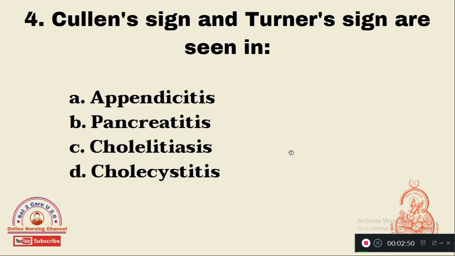Cullen sign and Turner's sign are seen in option A, appendicitis, B, pancreatitis, C, cholelithiasis, option D, cholecystitis. These two signs are present in option B, pancreatitis.